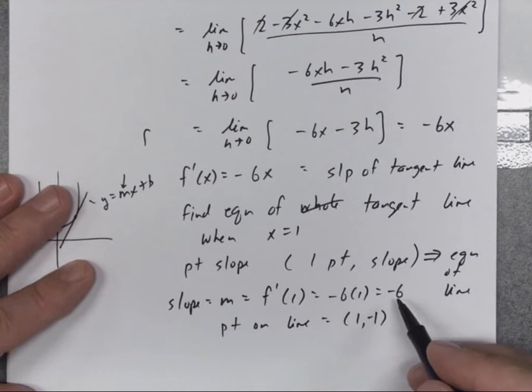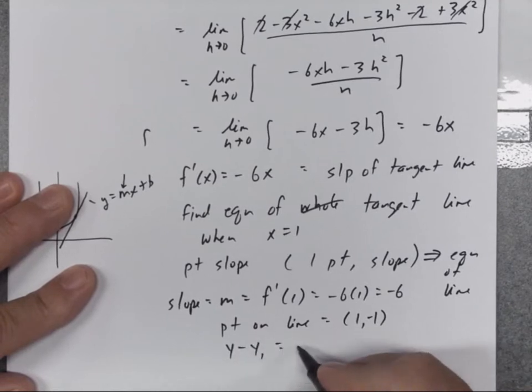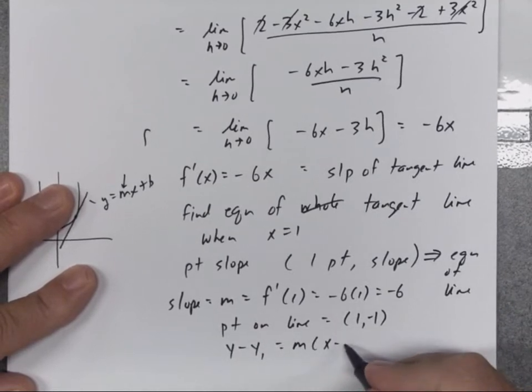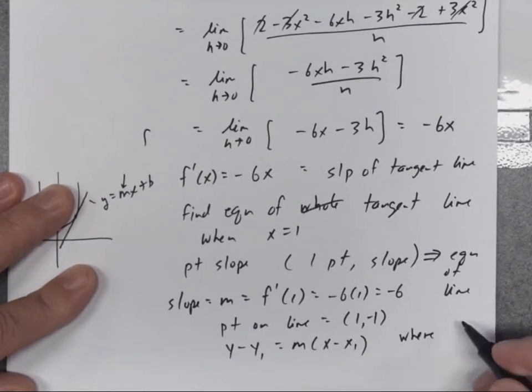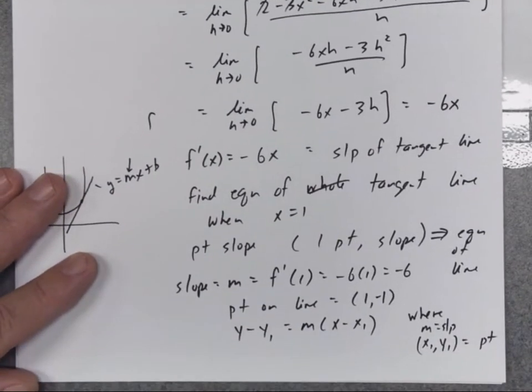So now we've got the slope of our line, we've got a point on our line, and the equation for point slope, where m is the slope and x1, y1 is your point.